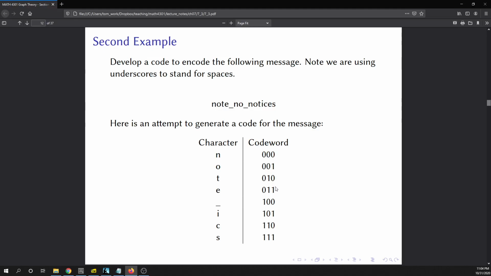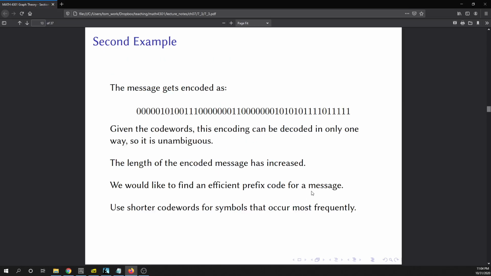And you can see, check this and notice, none of these are prefixes of any of the other code words in there. So this is a prefix code, and then we can go ahead and generate the message encoding. And so that's good. It's unambiguous.